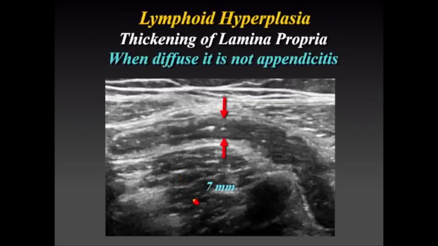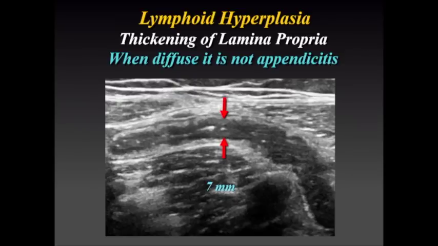Now, as you might suspect, if those lymphoid follicles hypertrophy, this will be non-compressible. It sort of increases the resistance and stiffness when we compress. But these can be up to 7 millimeters. And this was called abnormal, and this was completely normal other than lymphoid hyperplasia.